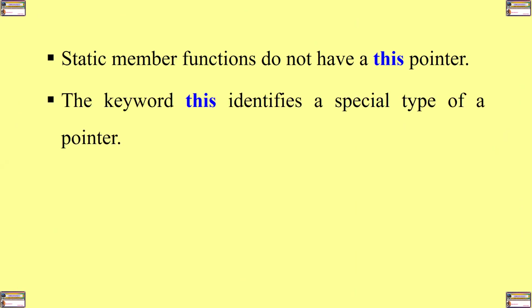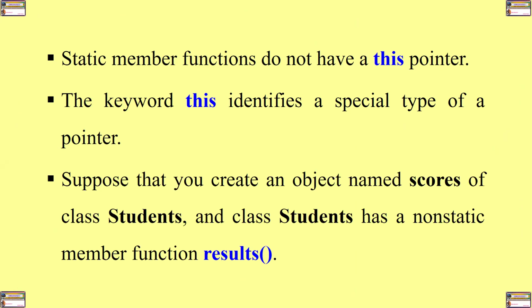So the keyword this identifies a special type of pointer. Suppose that you create an object named scores of class students, and class students has a non-static member function called results. When we talk about a non-static member function, we are talking about a dynamic function.